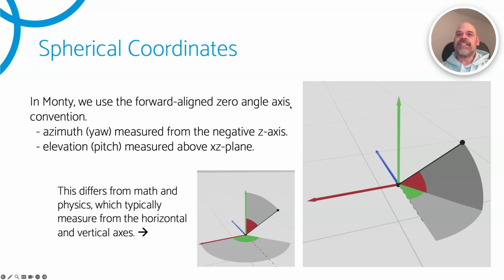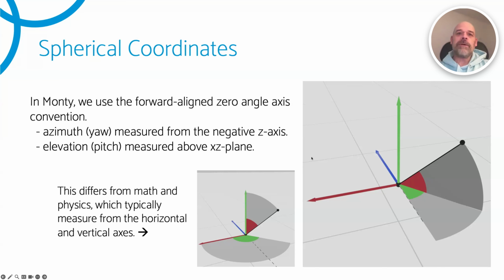There's a couple ways to define what these angles are going to be. There's two of them. There's an azimuthal angle, so rotation about the y-axis basically, like this. And there's an elevation or a polar angle, which is like this.